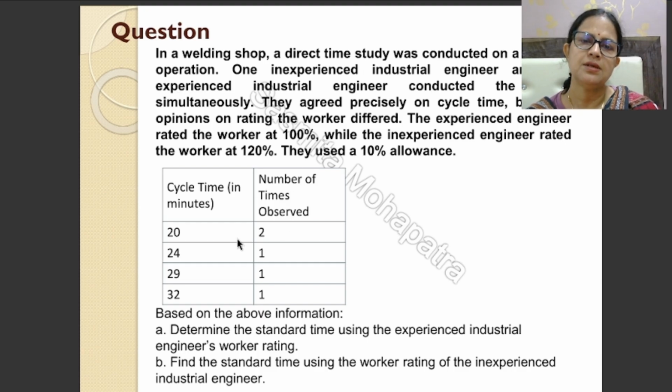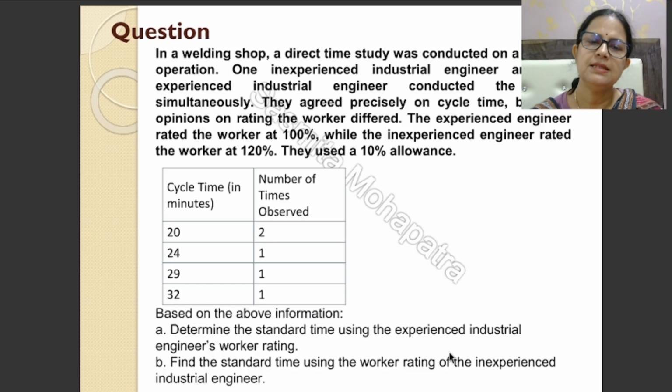The first observation is taken 2 times, the second observation for the welding is taken once, the third is taken once, and the fourth is taken once. So these are the times of the particular welding observations.